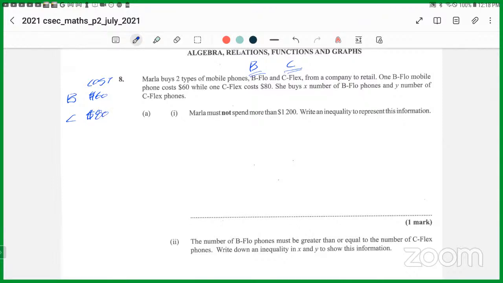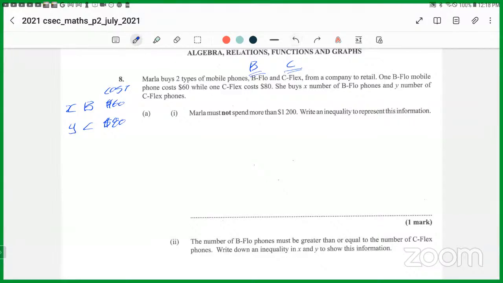She buys X of the B phone and Y of the C phone. So in terms of the number, it's X and Y. I'm going to shift this over a little bit. I'm going to write X B phones and Y C phones, and then this is the cost for it.